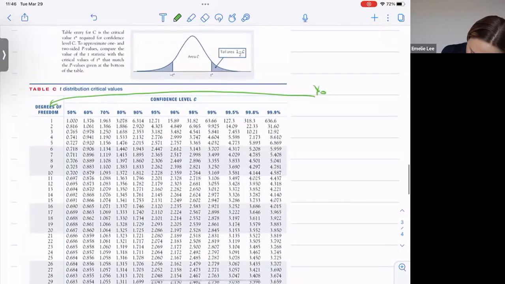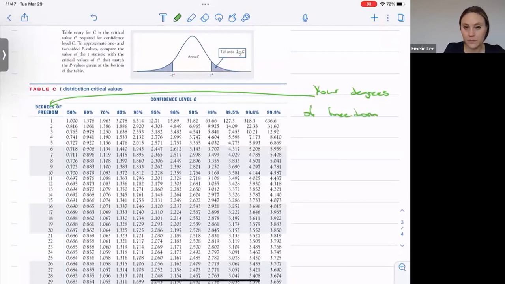Your degrees of freedom will be one value for the entire question.